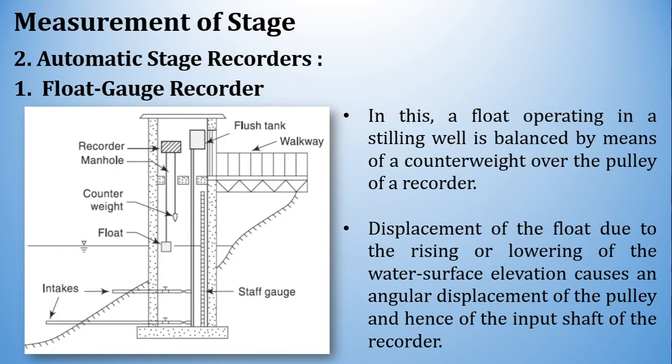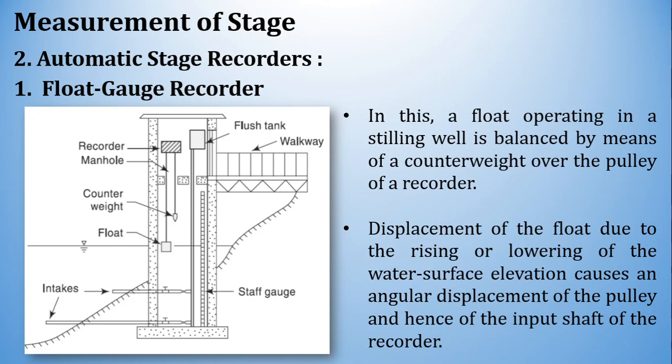Then to find out the stage, there are some automatic stage recorders, which include the float gauge recorder as shown in the figure. As you can see, the float is capable of moving with respect to variation of the water level, and thereby, by means of some mechanical arrangement, the recorder records the movement of this particular float.